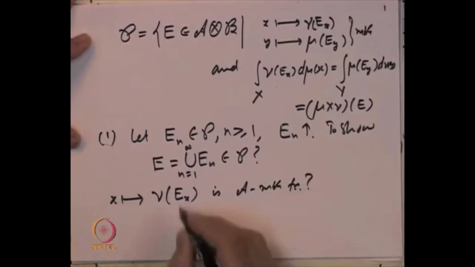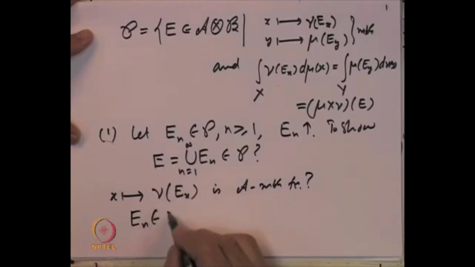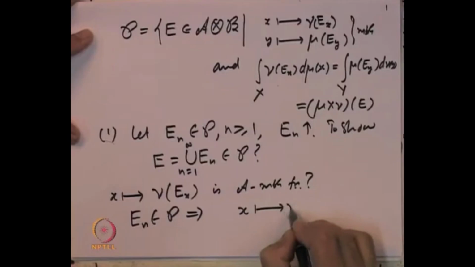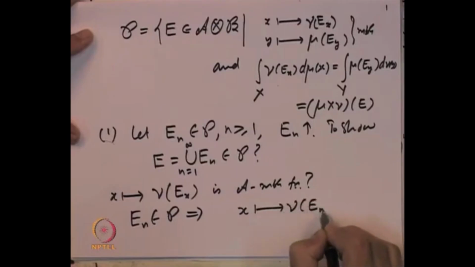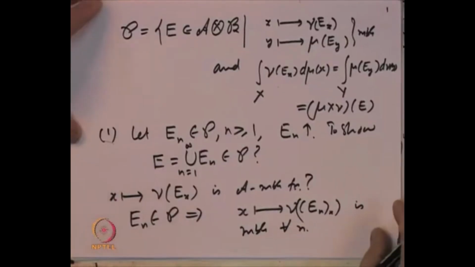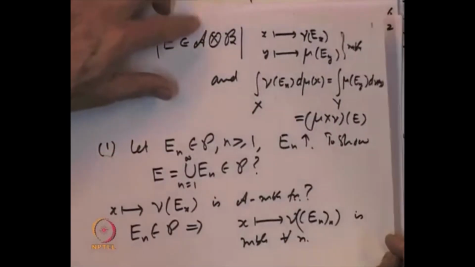Now, each E_n belongs to P, which implies that x going to nu of the section of E_n at x is measurable for every n. So, this is what is given to us.